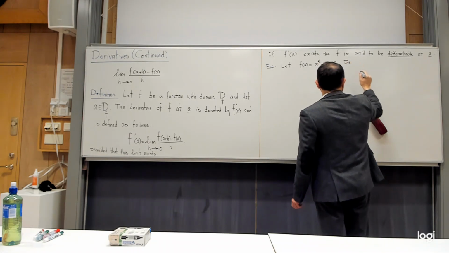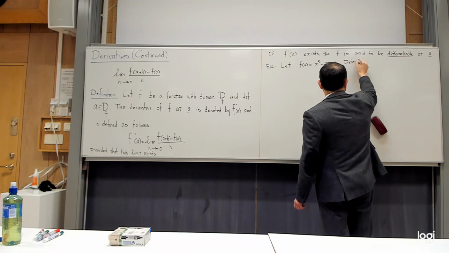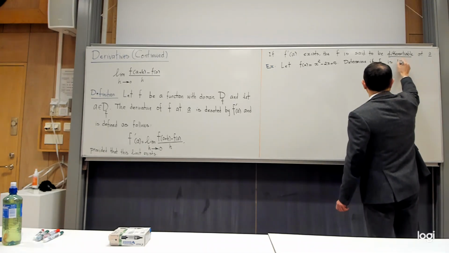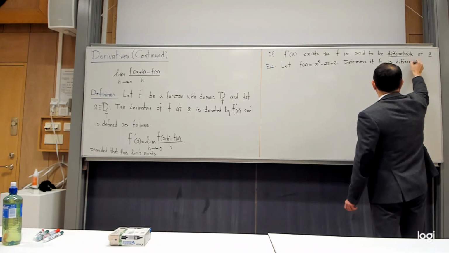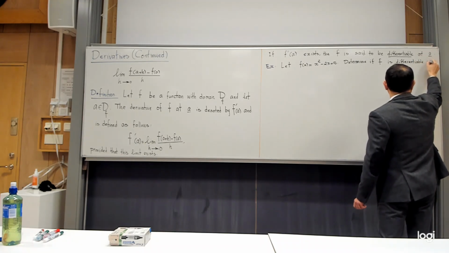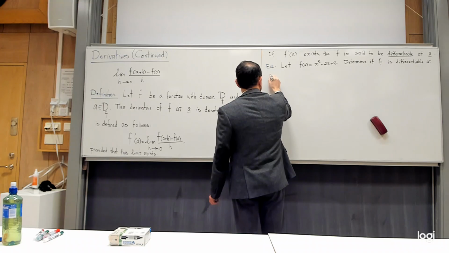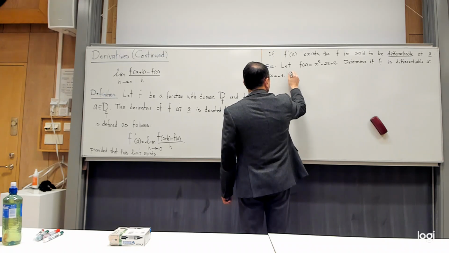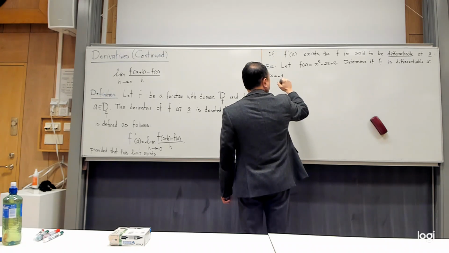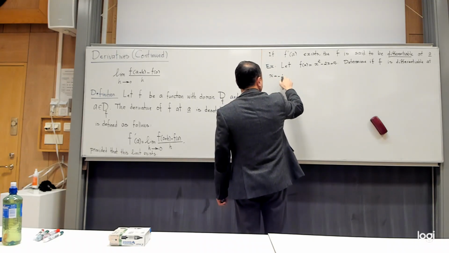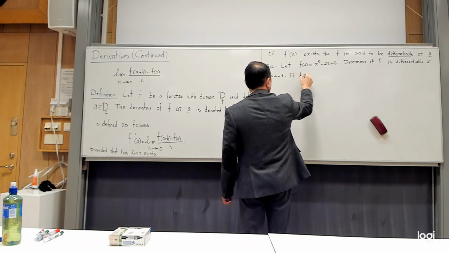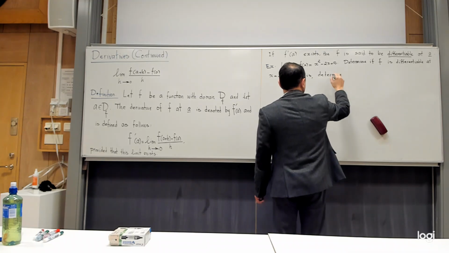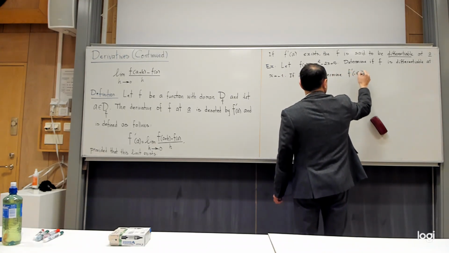Determine if f is differentiable at, for example, x equals -1. Determine if f is differentiable at x equals -1. If it is, determine f prime of -1.